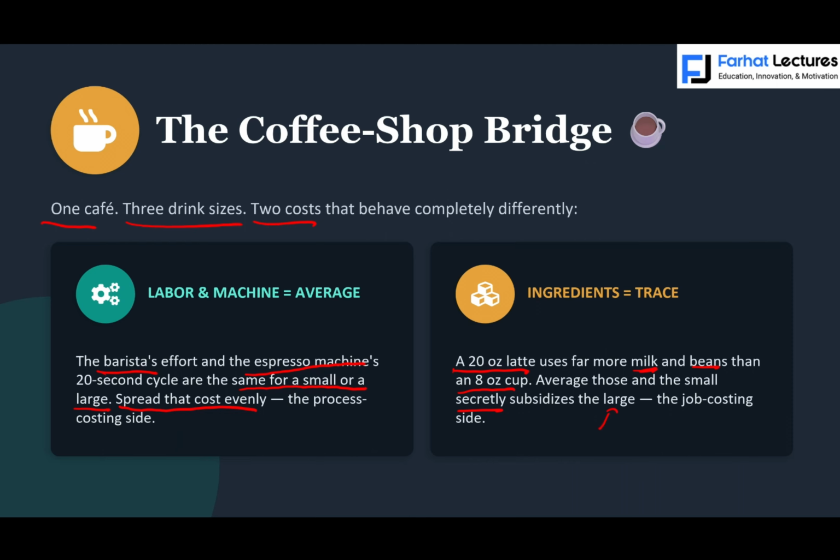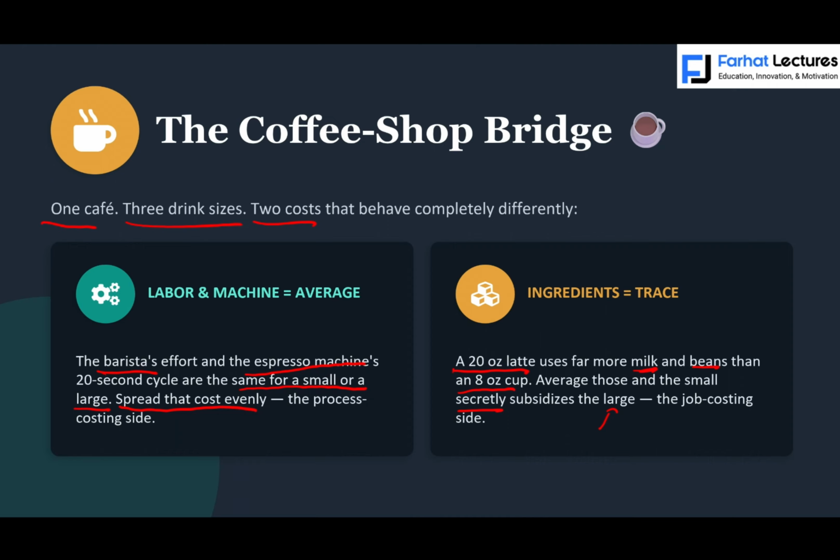And this is where you have the job costing side. Why? Because you want to trace the amount of milk in the 20-ounce latte. And sometimes you could have different types of milk. Well, you have to be careful. The material is different. You could use regular milk versus almond milk. Well, they might cost differently. You cannot average the cost. You have to trace the ingredient differently.